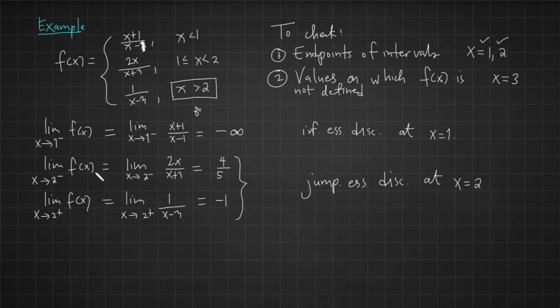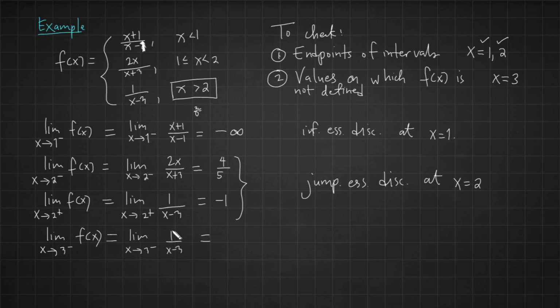X equals 3 naman. By the way, I'm starting here from the left. But, of course, you can always try evaluating the limit from the right of the given constant first. Okay, so let's evaluate this limit. So itong limit na to, since yung x will be approaching 3, so ito yung gagamitin nating definition. 1 over x minus 3.